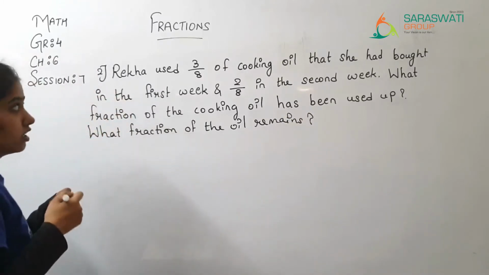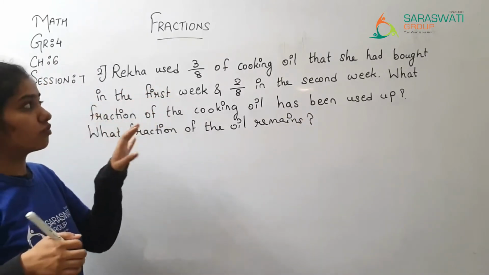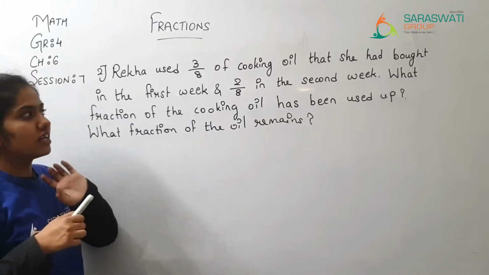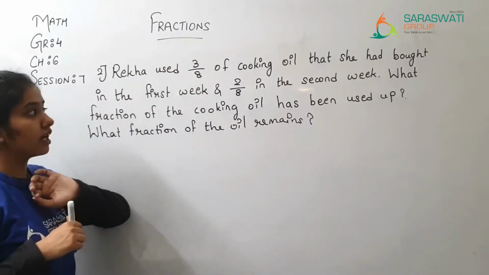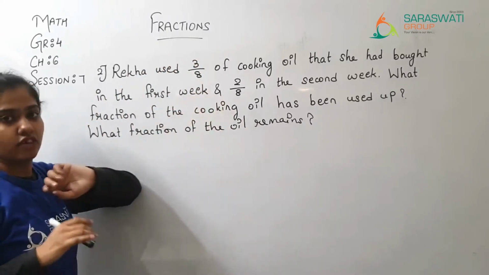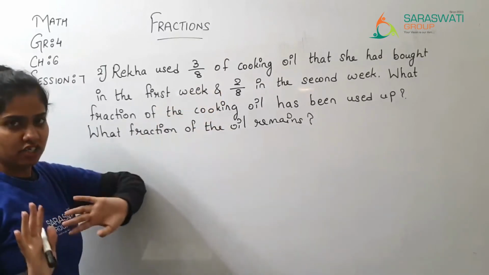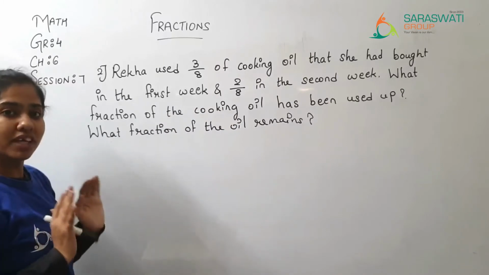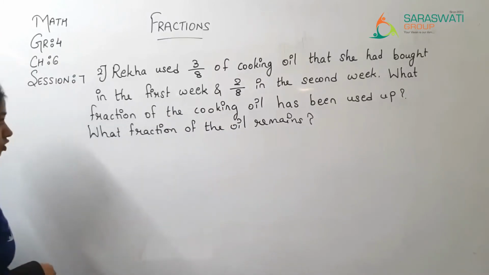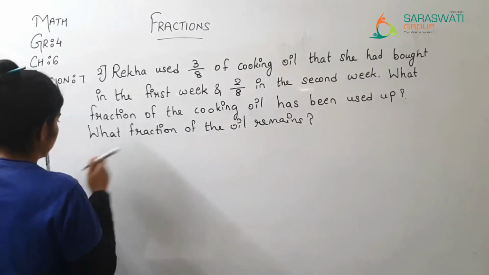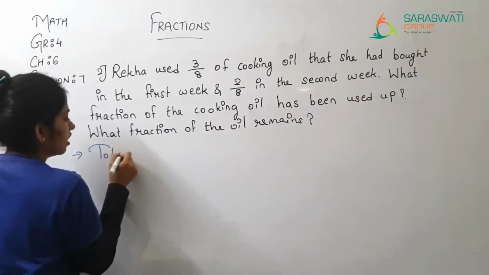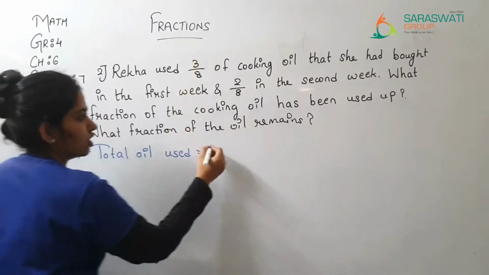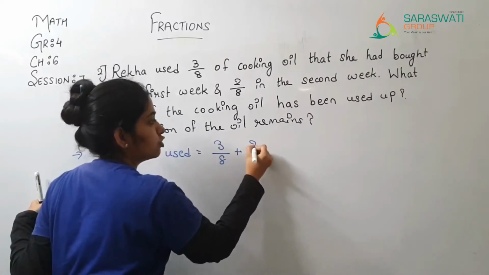So now you can see over here that Rekha used 3/8 of cooking oil that she had bought in the first week. कि फर्स्ट वीक में से जो वो ऑयल लाई उसमें से उसने 3/8 जितना यूज किया एंड 2/8 इन द सेकेंड वीक, और सेकेंड वीक में उसने 2/8 जितना यूज किया. सो व्हाट फ्रैक्शन ऑफ द कुकिंग ऑयल हैज बीन यूज्ड अप? तो टोटल अभी कितना ऑयल यूज्ड हुआ है? सो वी कैन राइट एज टोटल ऑयल यूज्ड इज इक्वल्स टू 3/8 plus 2/8.